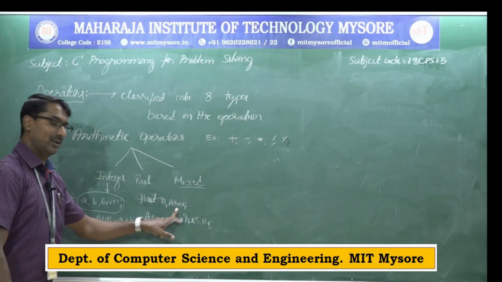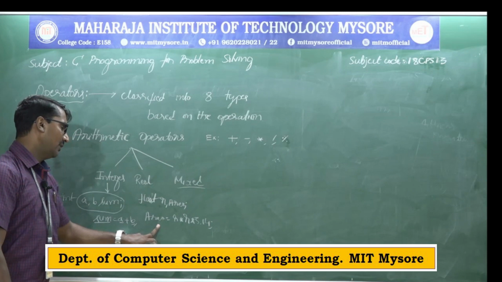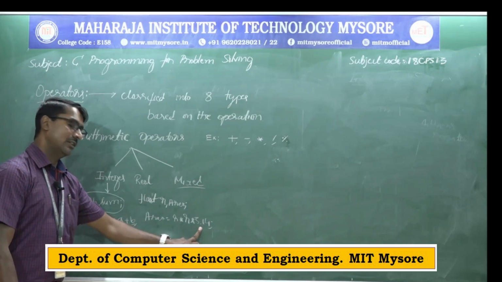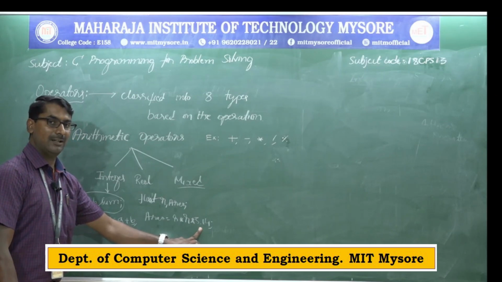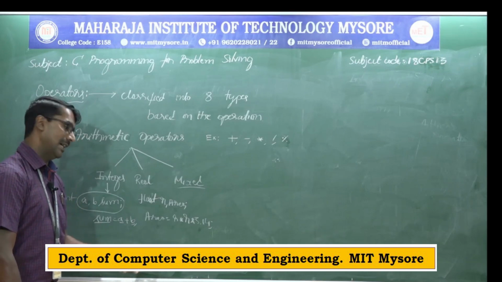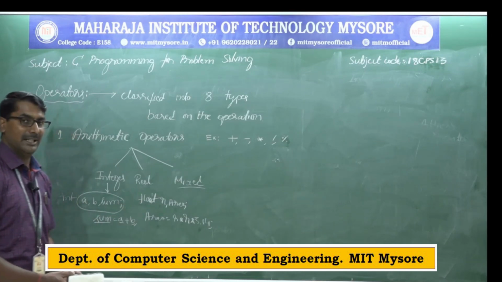R and area are of float type. Here the value is calculated as R into 3.14. 3.14 is also a floating point value, so this value's output is also a real value. So, this is real arithmetic.